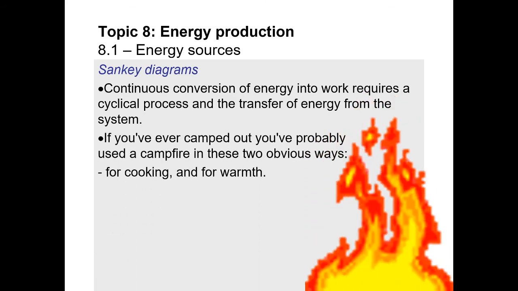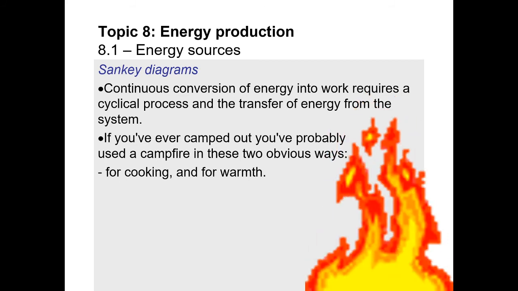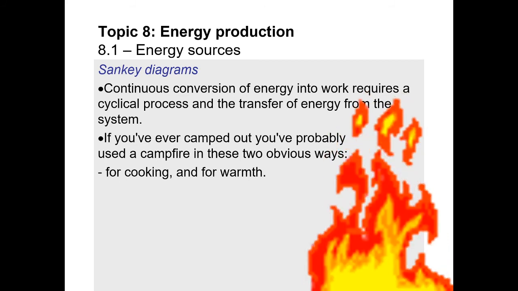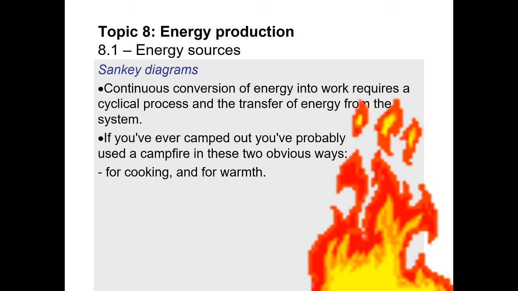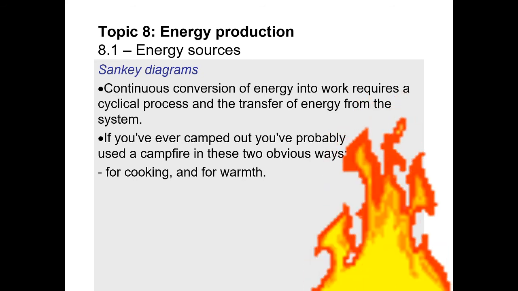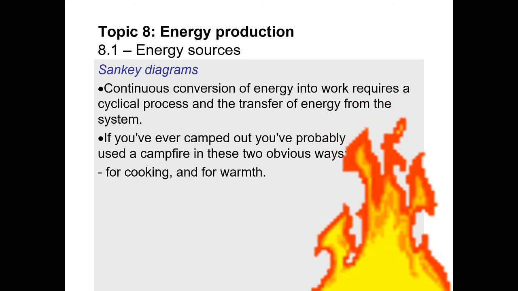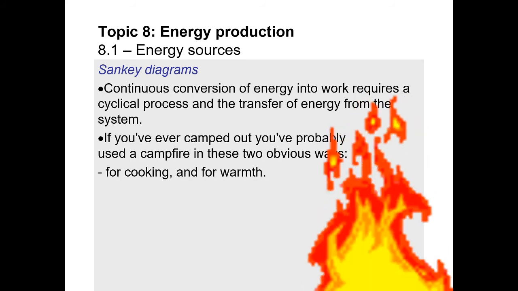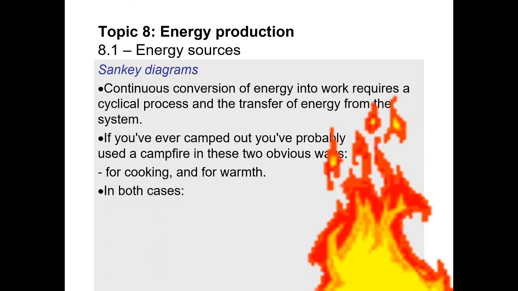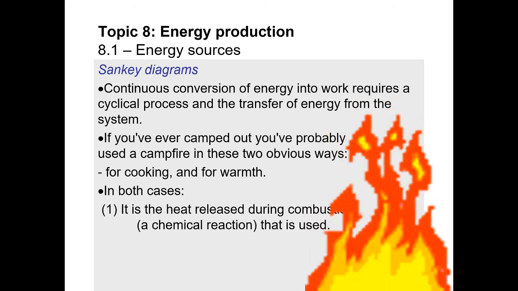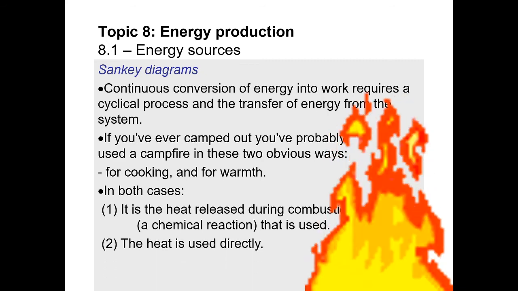There is some kind of chemical reaction that produces heat energy, so the chemical energy stored in either the wood or coal or whatever you have, let's say wood or fuel, let it be kerosene or whatever fuel you're using. That chemical energy gets converted to thermal energy, right? So you might use that thermal energy to cook something, you might use it for warmth, but overall, you have a conversion of energy from one type to another.